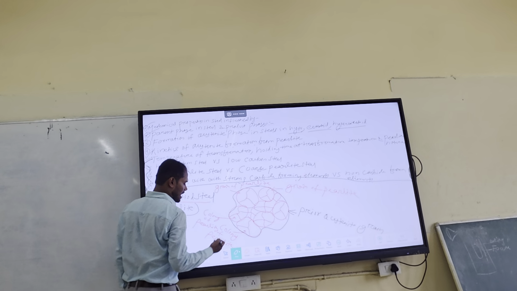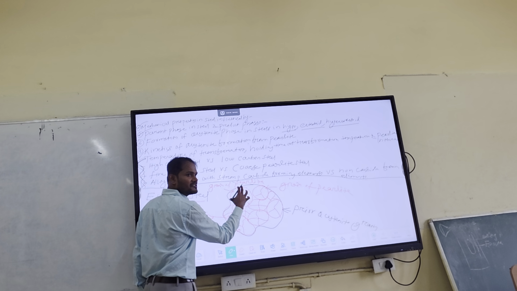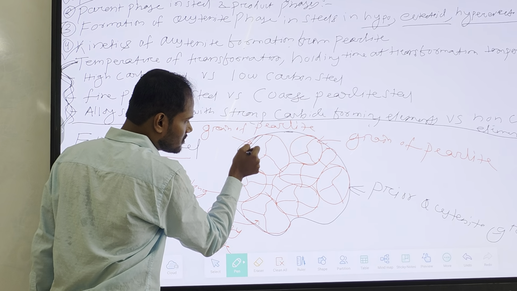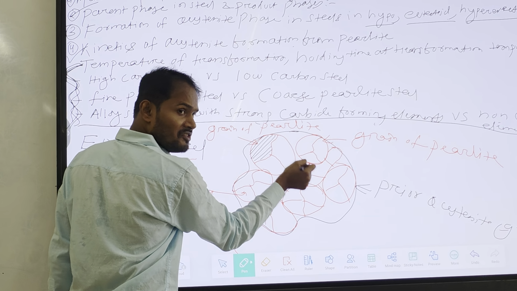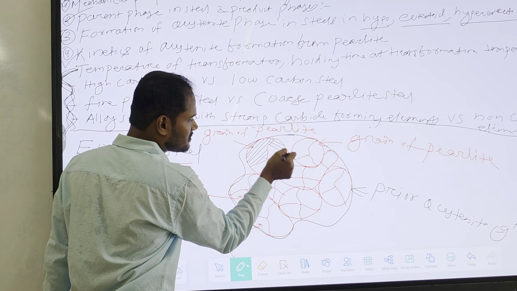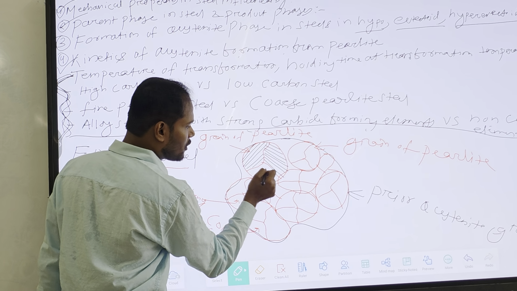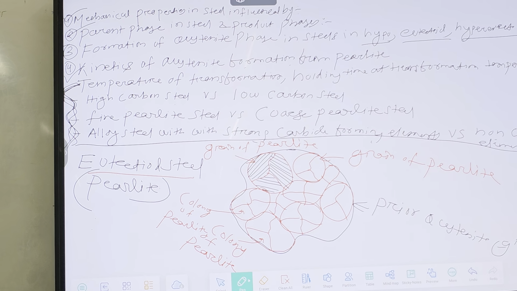So suppose, I am giving one example, otherwise you get confused. Suppose I am considering this grain of pearlite. So colonies will be maybe like, so this is the orientation of the ferrite cementite. Maybe in this grain, the orientation will be like this. You see, there is a difference in orientation. In this grain, the orientation may be like this. You got the point now?